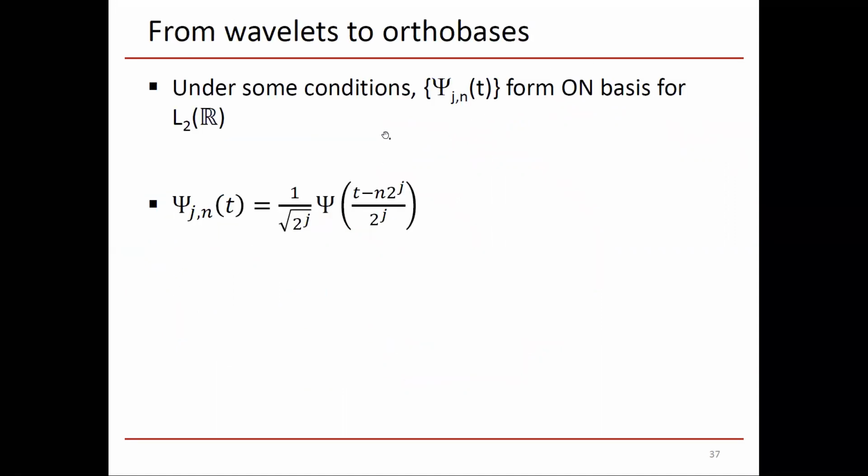So now we understand that we have a multi-resolution approximation space, and we want to tie it into other concepts that we've been discussing, orthogonal bases and wavelets. So under some conditions, psi j n of t form an orthonormal basis for L2 of R. And in psi j n of t, first of all, j is going to be the scale, and it appears both in the magnitude and in how quickly the function moves.